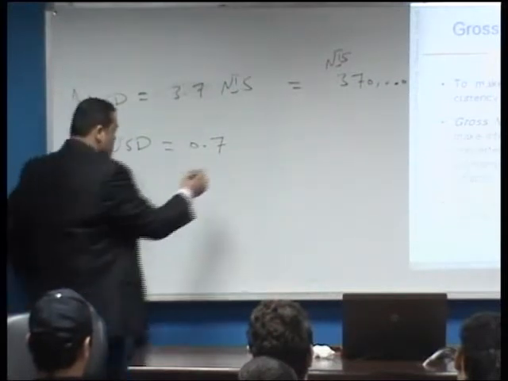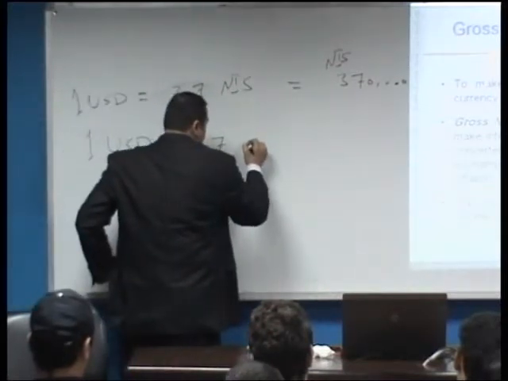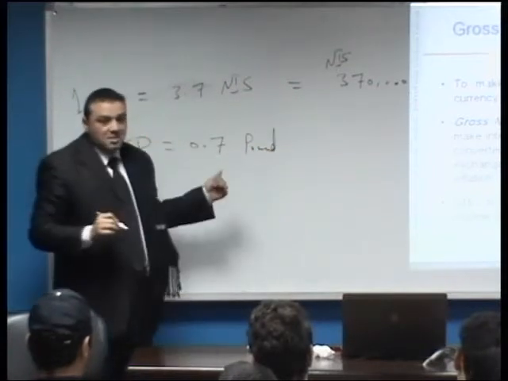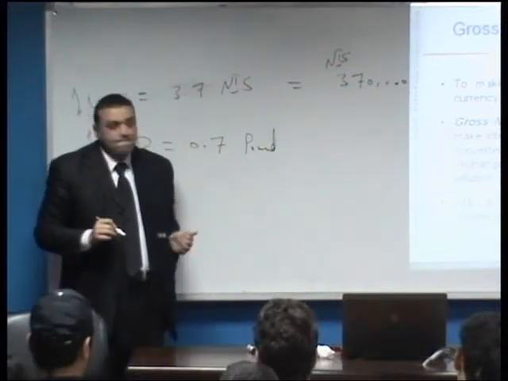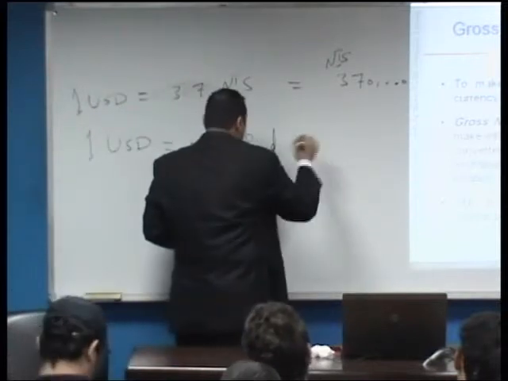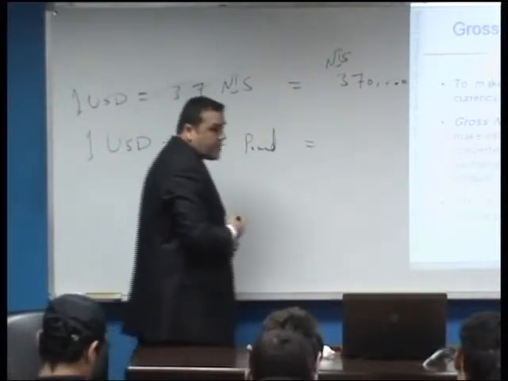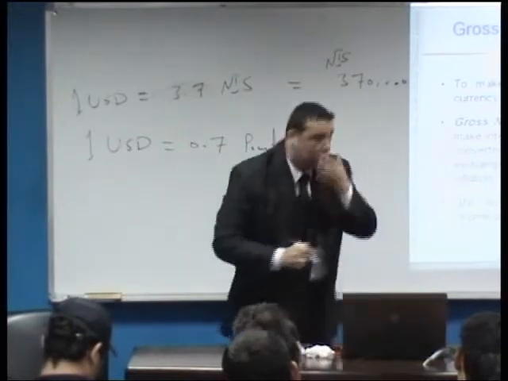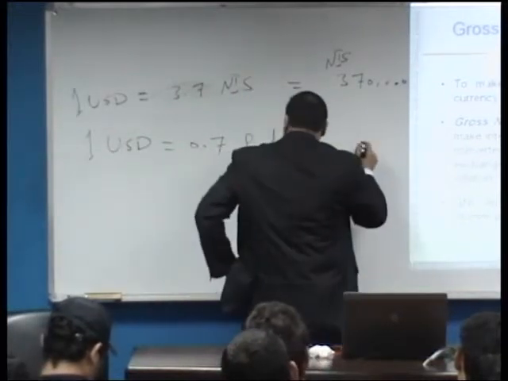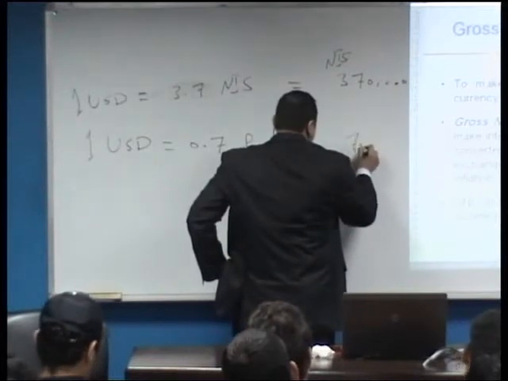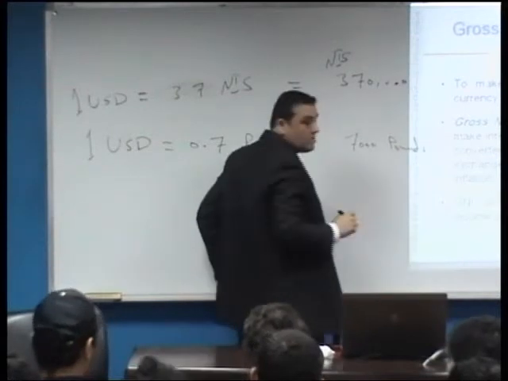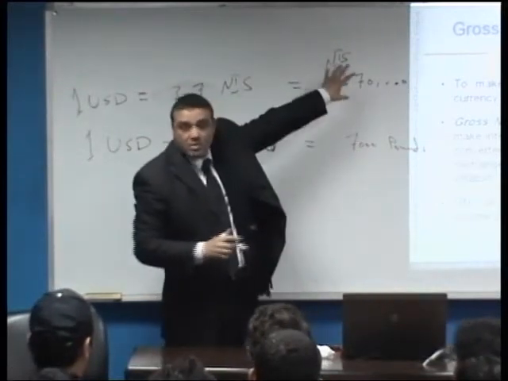Suppose this is the UK pound, and suppose that the GDP, or the gross national income for the UK, was 7,000 pounds, million.